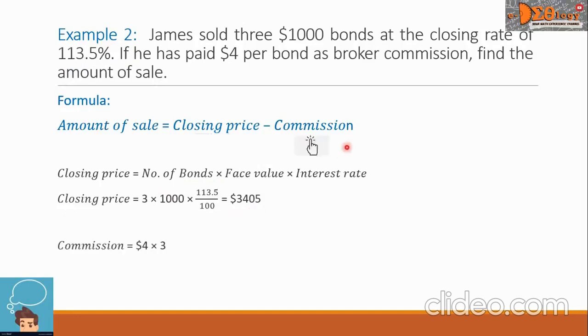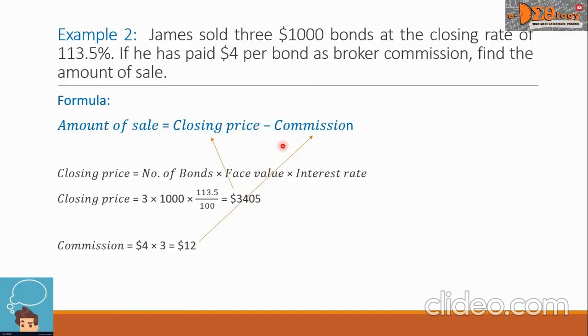Next is the commission. It says here, the commission is $4 per bond. So it means we're going to multiply the $4 by 3. And the answer is $12. Now let us substitute the corresponding values to the formula for the amount of sale.